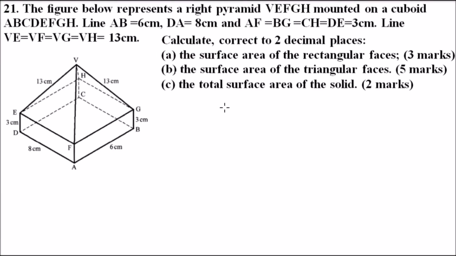So the figure below represents a right pyramid, VEFGH, mounted on a cuboid ABCDEFGH. Line AB is 6 centimeters, so we have been given that. DA is 8.